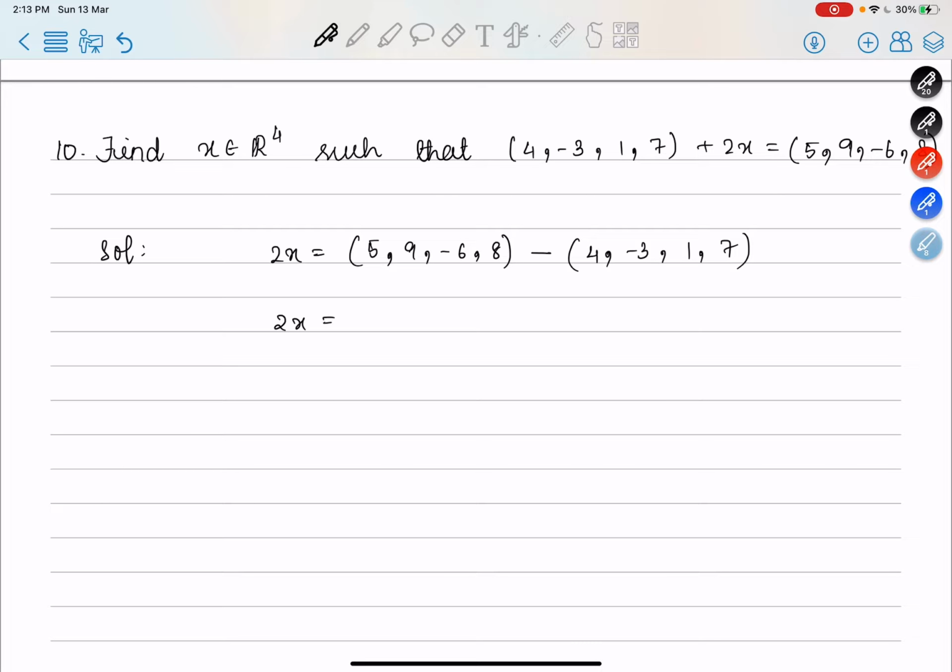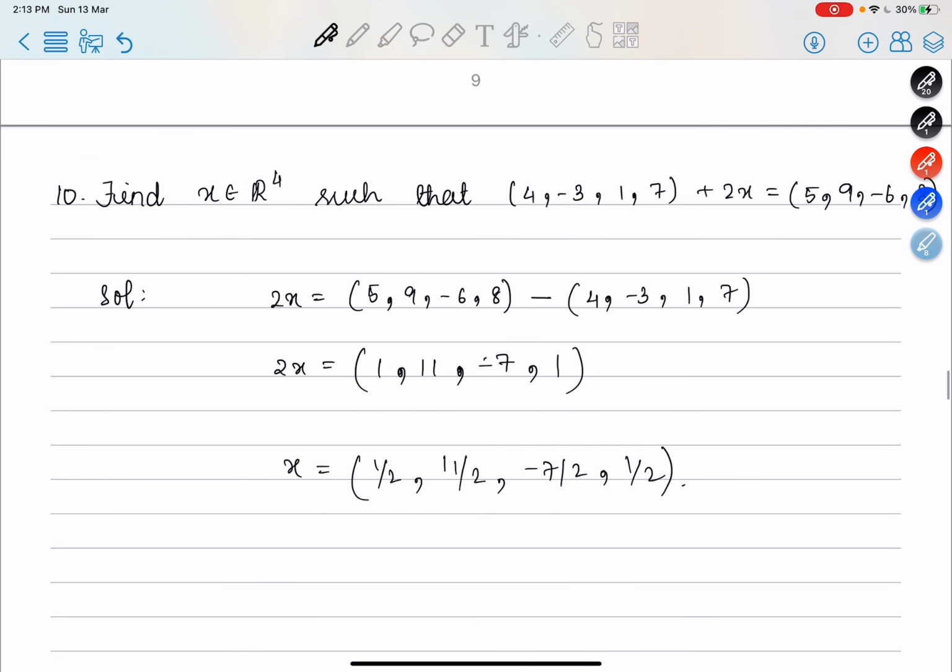So 2x will become (5 minus 4, 9 minus of minus 3, minus 6 minus 1, 8 minus 7), that is (1, 12, minus 7, 1). So x will be (1 by 2, 6, minus 7 by 2, 1 by 2). So this obviously belongs to R to the power 4.